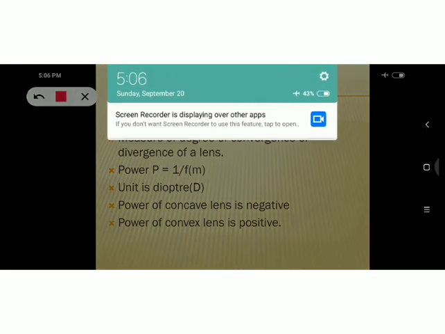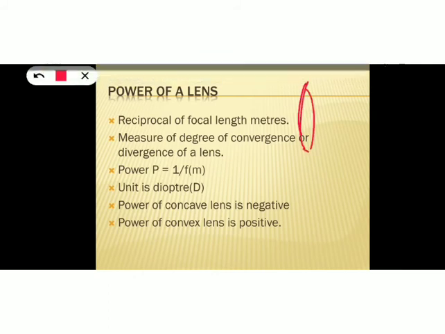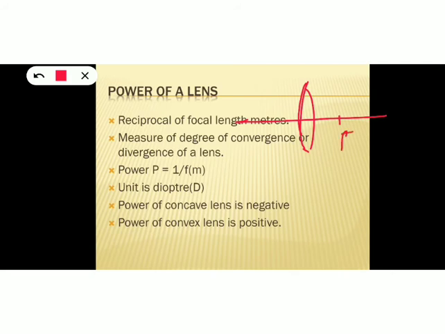Consider this convex lens, and this is the focus of that convex lens. This is the optical center, and a light ray is incident here, and this light ray, as per the rule, passes through the focus.